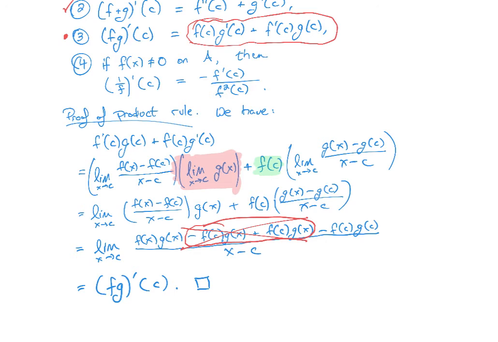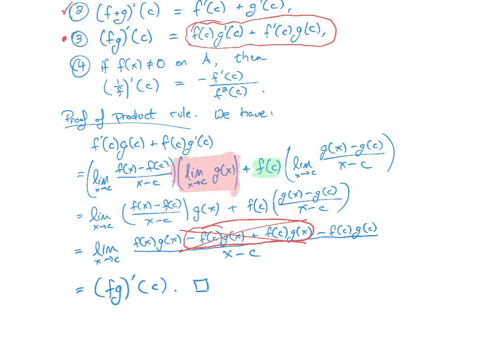Are you taking the limit as x approaches c of f of c? Well, we do end up doing that. So when we go from this line to the next line, we do move the f of c in there, but f of c is a constant. So the limit is just itself. Okay, that's where I was confused. Thank you.